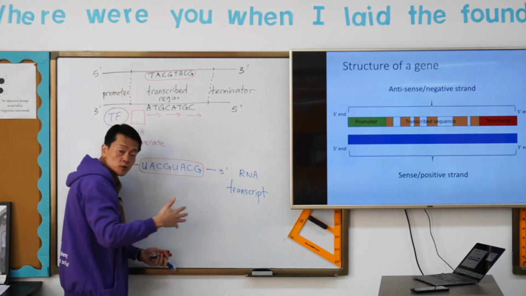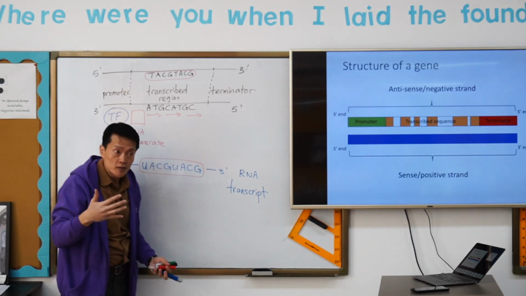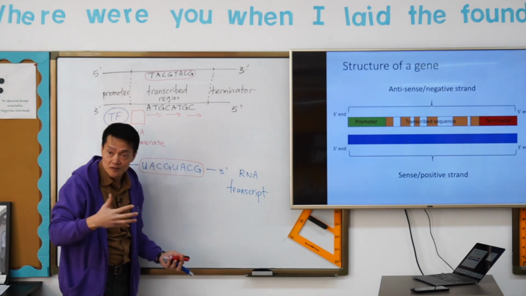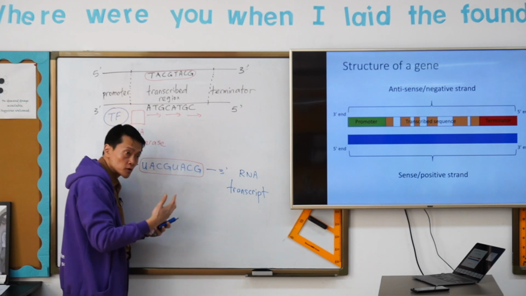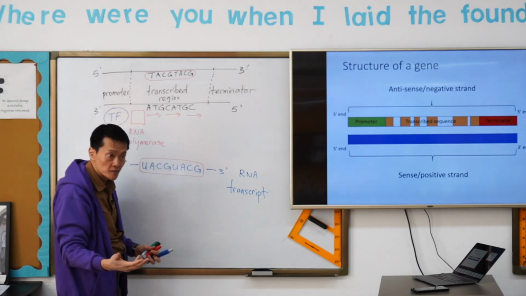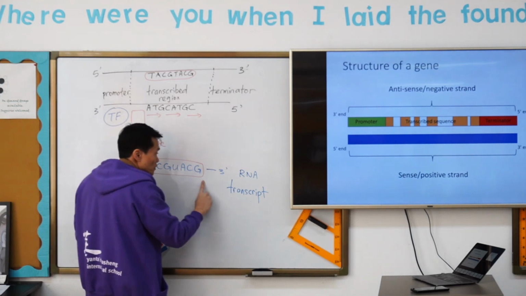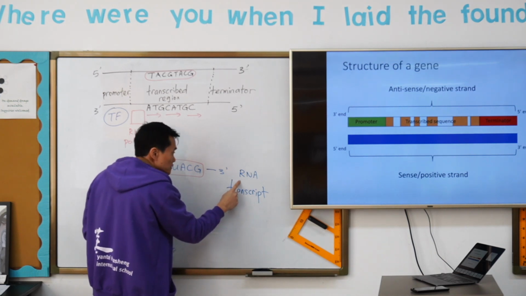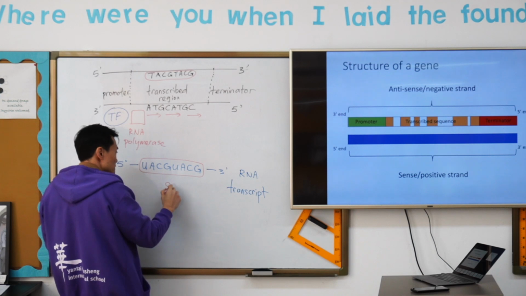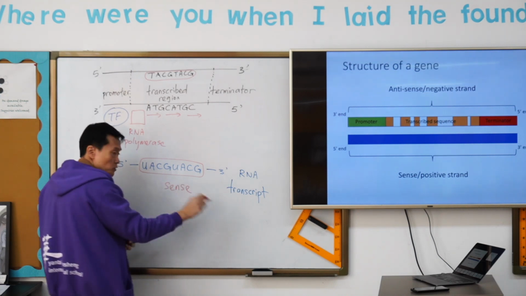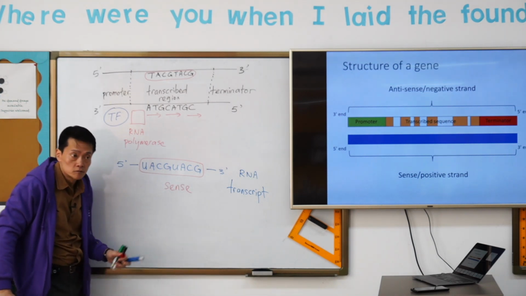So in other words, the ribosome is the one that makes sense of the message, isn't it? It tries to use the message, the code, to make proteins. So the sequence on the mRNA or the RNA transcript is the sequence that makes sense to the rest of the cell. You get that?